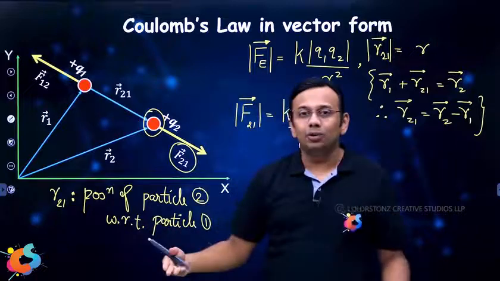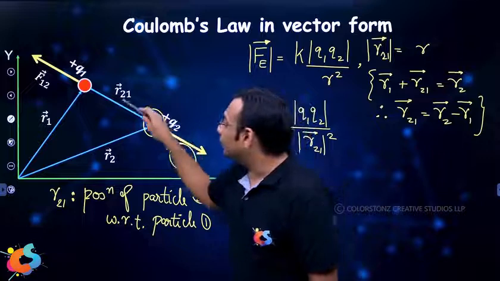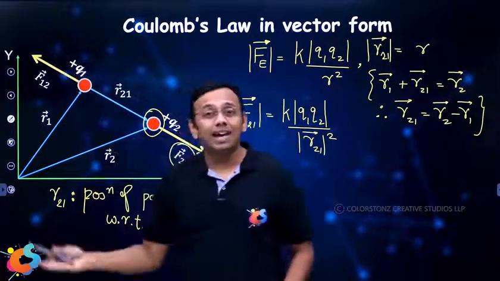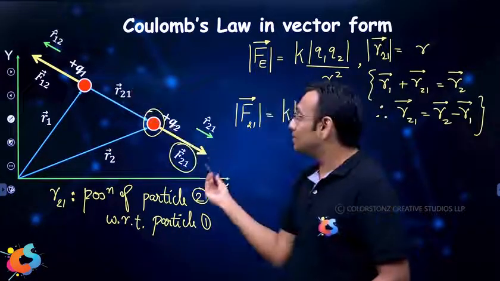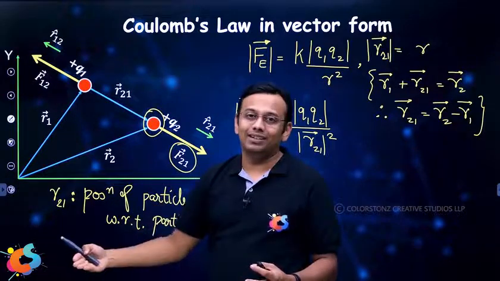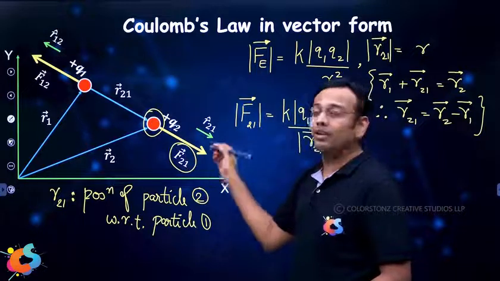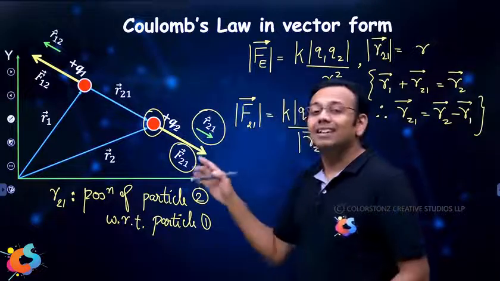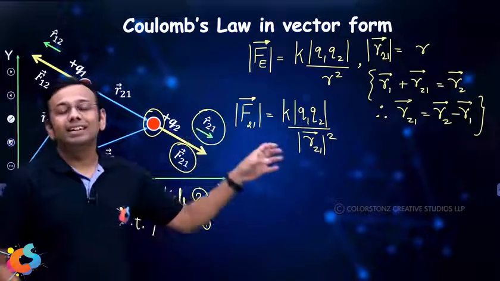What will be R12? Position of 1 with respect to 2. So a vector starting from 2 and going towards 1. F12 is going to be in the same direction. So these two forces are respectively in the direction of the relative position vectors. F21 is in the direction of R21 vector, and therefore for direction I can put the cap and say that it is along R21 cap.